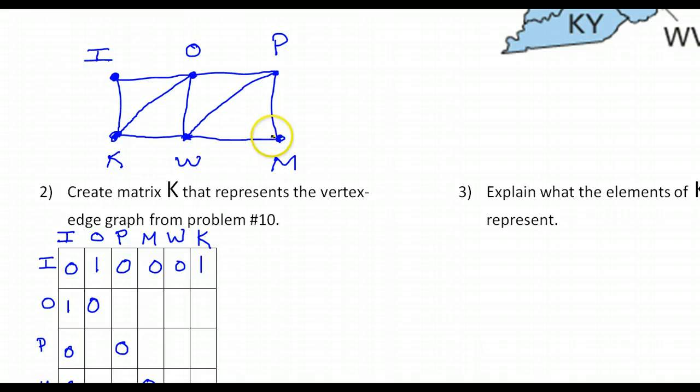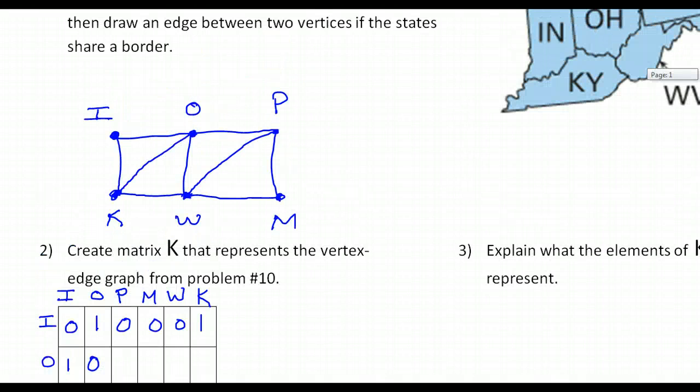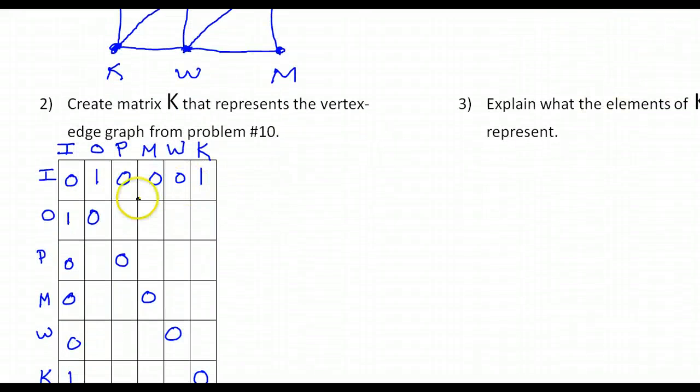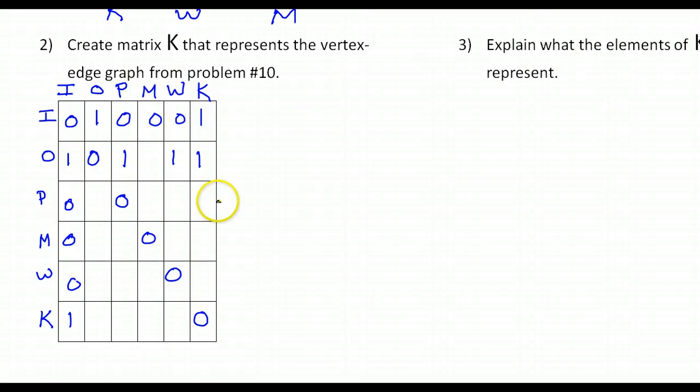Everything except for Maryland. So looking at Ohio this way, there's Kentucky, West Virginia, and Pennsylvania. Everything except for Maryland. Maryland gets a 0.